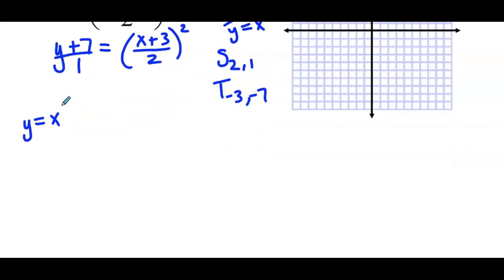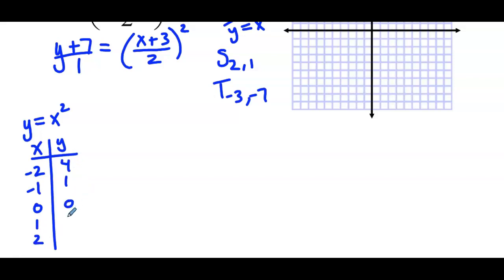So we have y equals x squared. Start with that table of values. So negative 2, negative 1, 0, 1, 2, 4, 1, 0, 1, 4. So we are going to first scale by a factor of 2, 1, and follow that up with a translation of negative 3, negative 7.